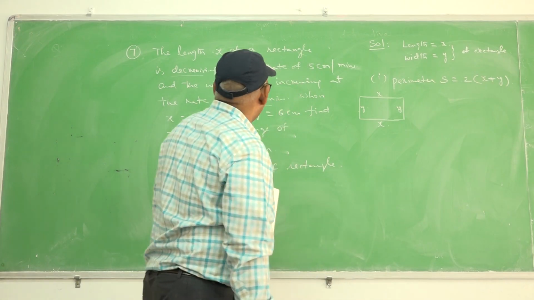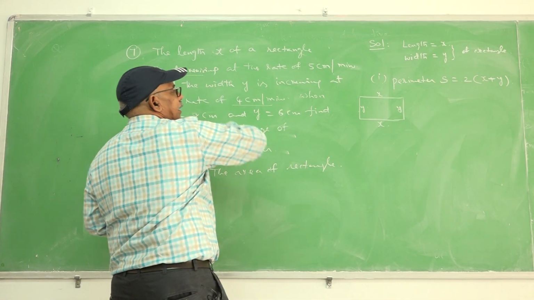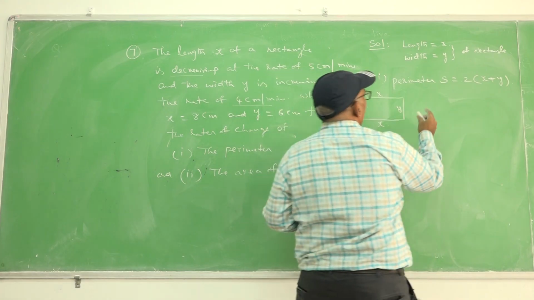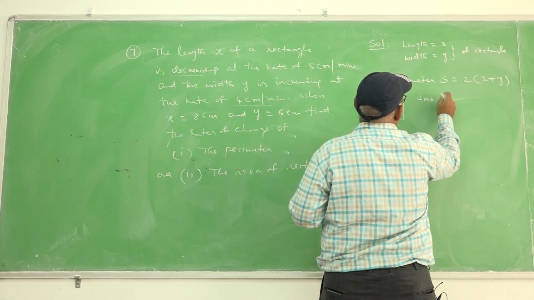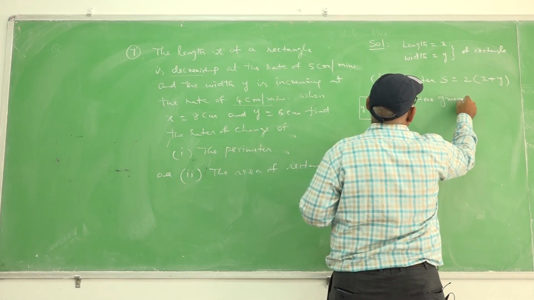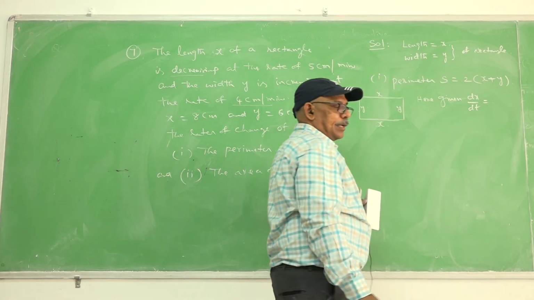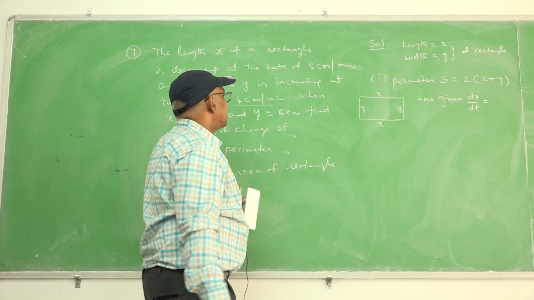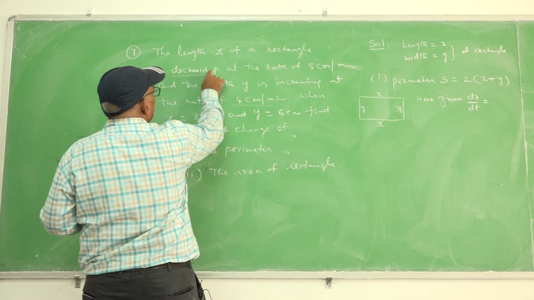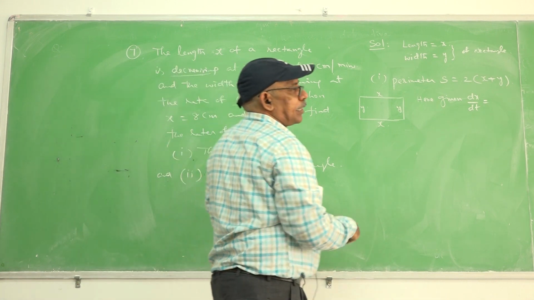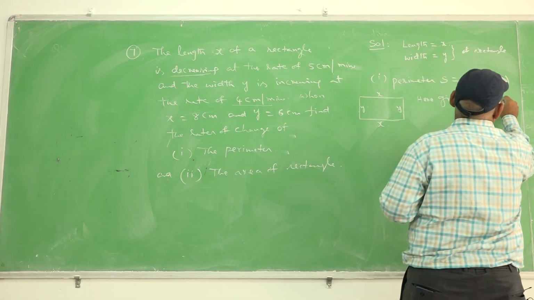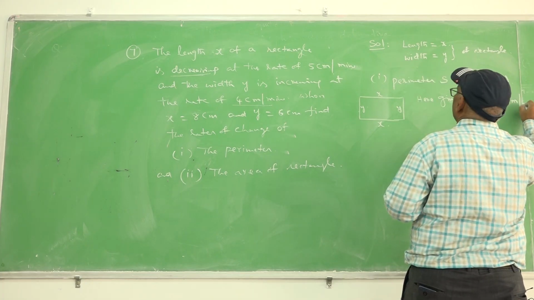And here given dx by dt, the rate of change in the length, since it is decreasing, let us consider negative sign, minus 5 centimeters per minute.